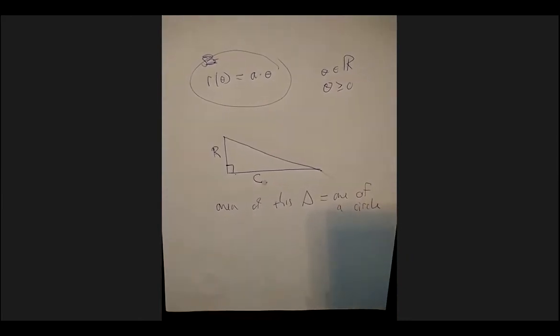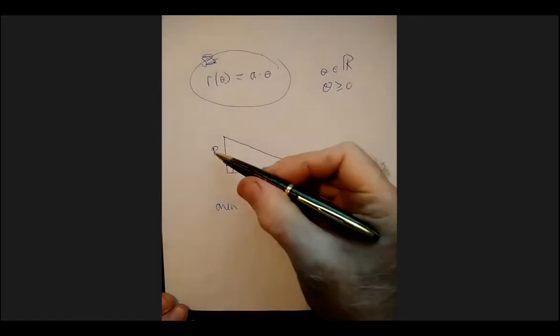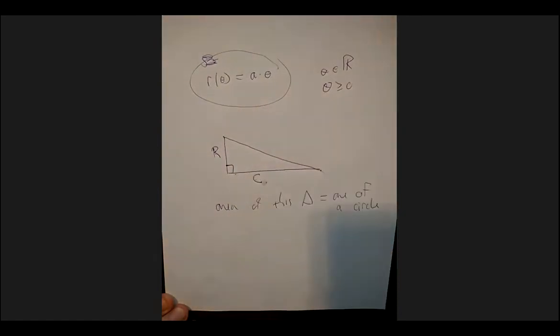What I want you to do is take a second and verify that, yes, the area of this triangle does indeed equal the area of the circle. And remember that the area of a triangle is base times height over 2.